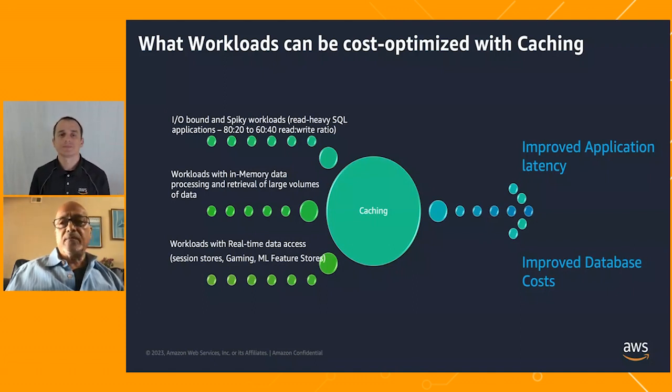So all of our databases offer read replicas, and that's another way to scale reads, right? So how would I decide between read replicas and caching? Which should I use when? Adding read replicas to scale reads is absolutely a viable option.